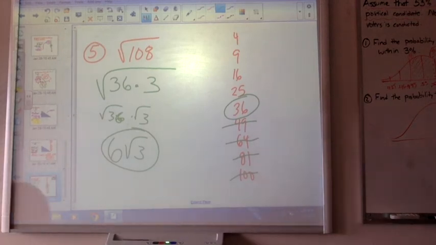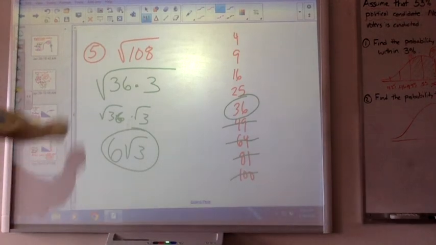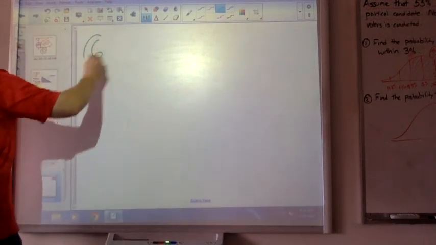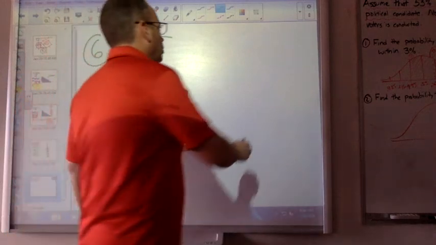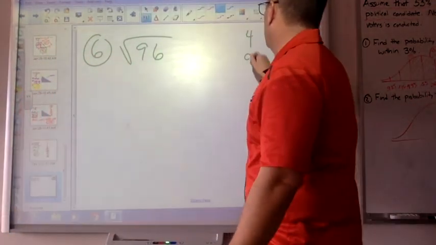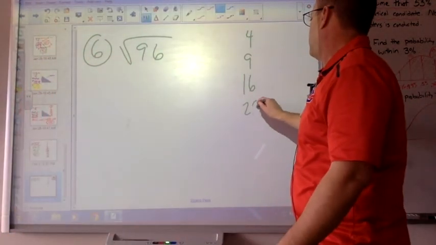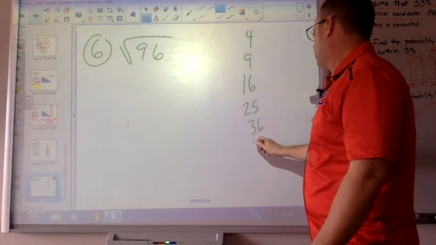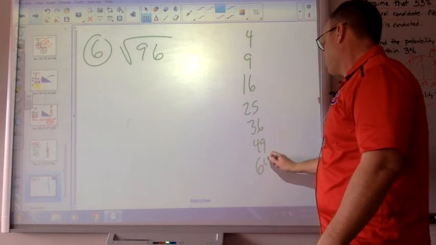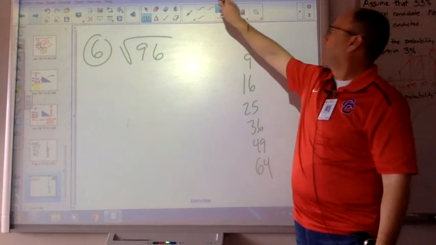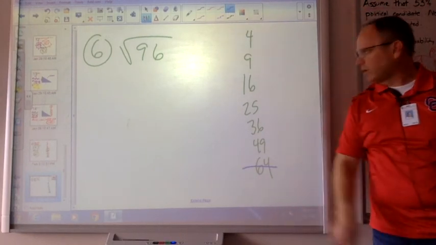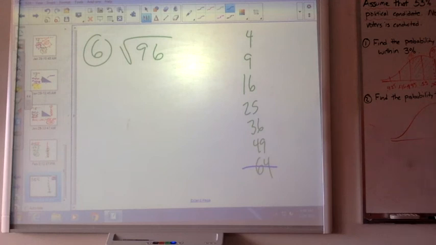Number 6. Square root of 96, is that it? Okay, again, I'm going to go to my perfect squares. So I know I have 4, 9, 16, 25, 36, 49, 64. That's probably as far as I need to go. I could say 64 is not going to work because 2 times 64 is 128.